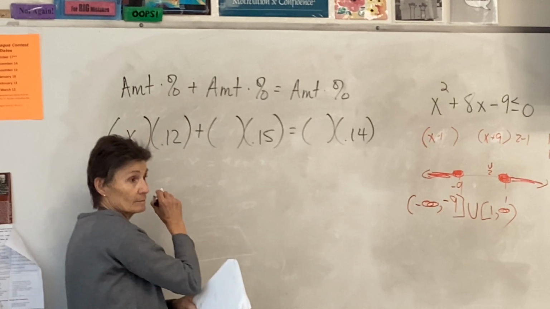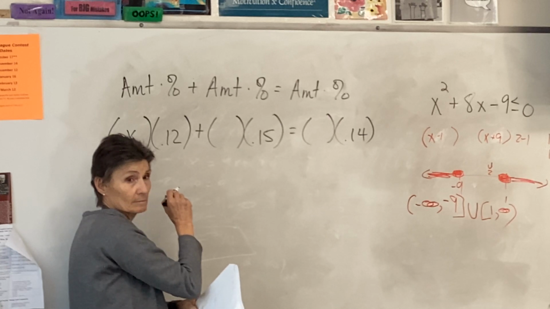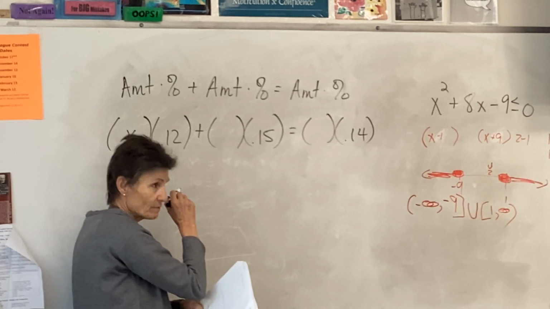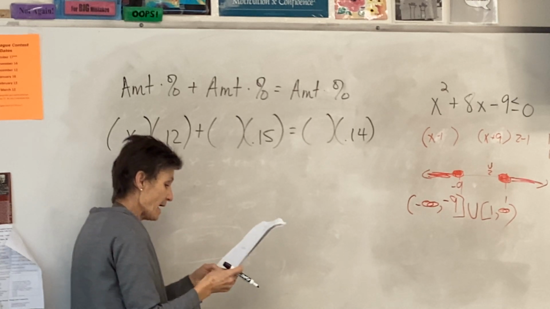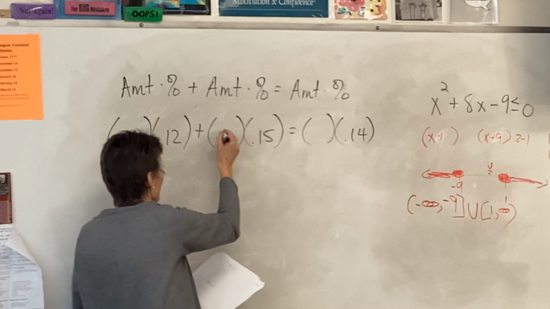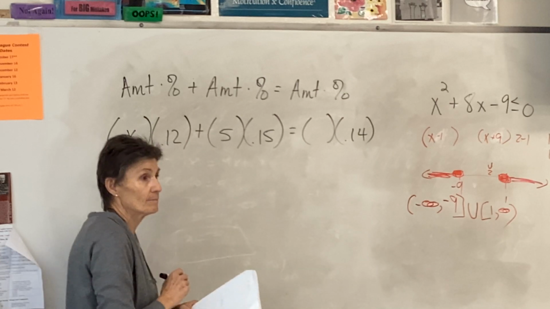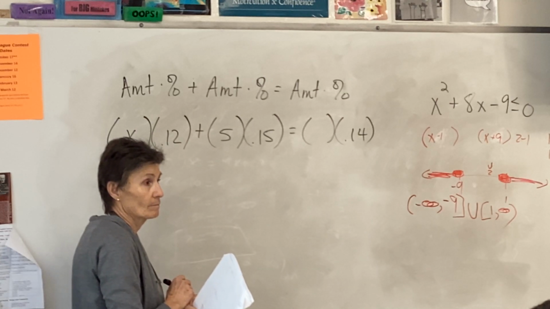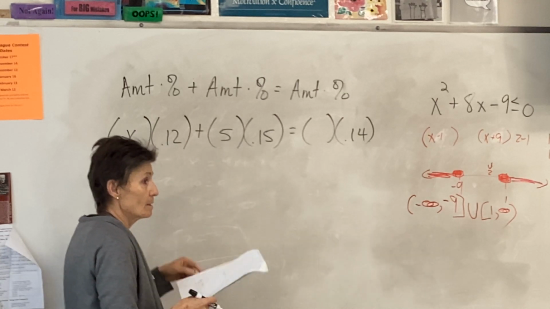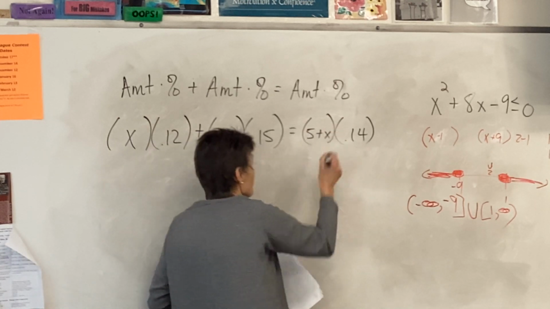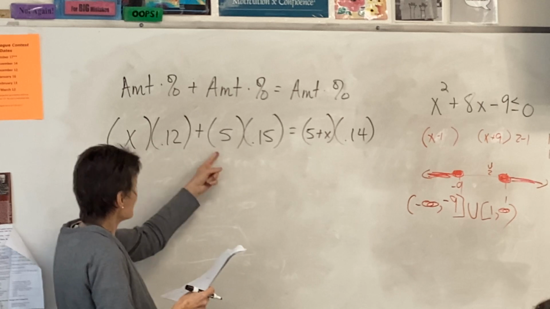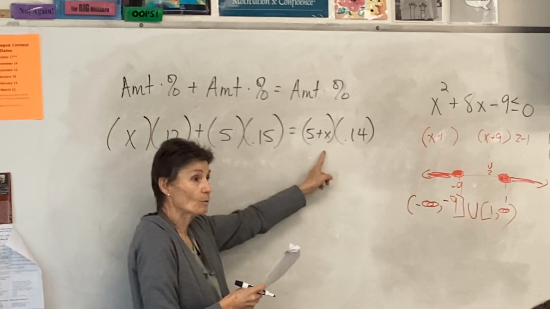X? Guys, don't look at me blankly, we've done this before. Should be added to 5 gallons of 15%. So 5. This one's going to be 5 plus X, because aren't I adding these two together to get the total?